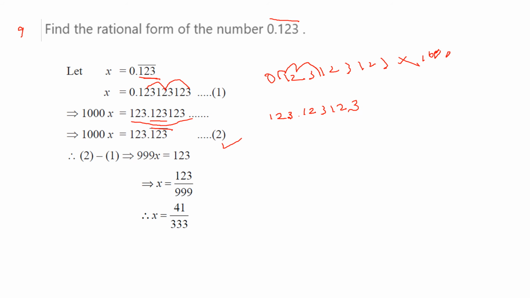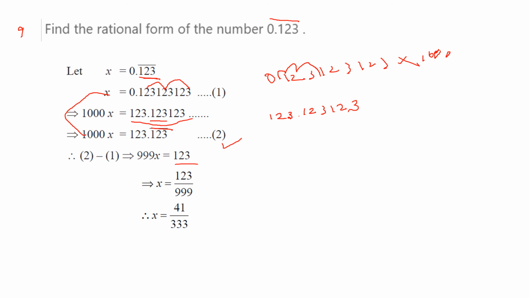You can subtract 2 minus 1. So 1000x minus x, 999x. 123.123 minus 0.123 means 123 minus 0, 123. So 123 is the answer.